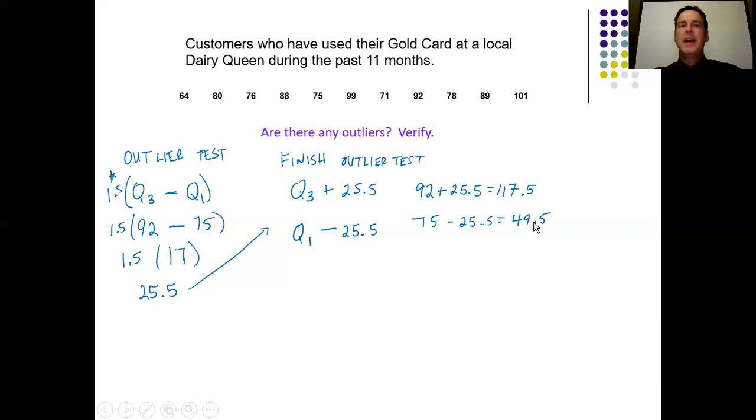Now here's what I'm going to ask. Those are my boundaries. Do I have any values in my data that are lower than 49? Any values lower than 49? If I look, no. The lowest we have is 64.